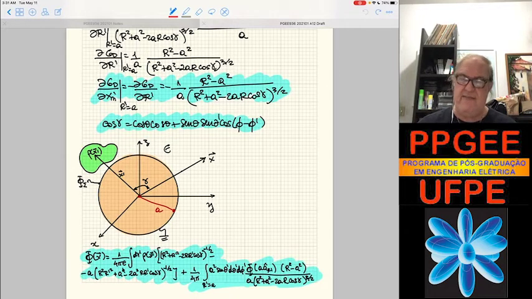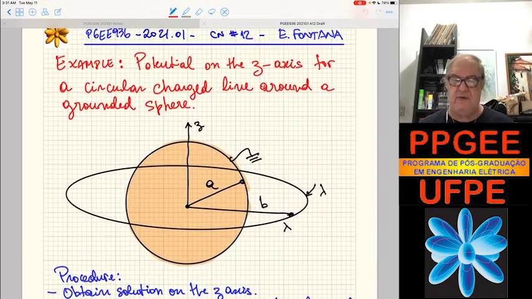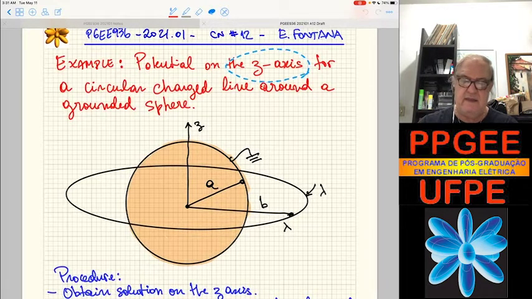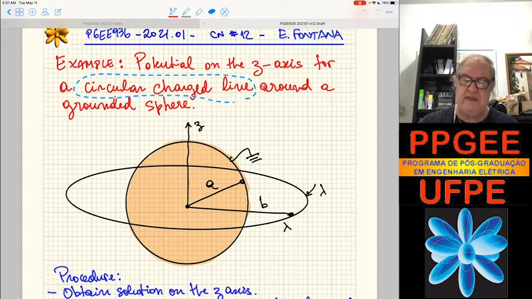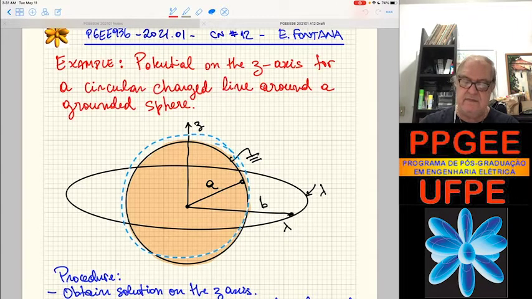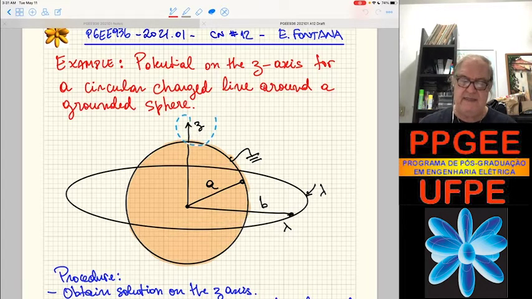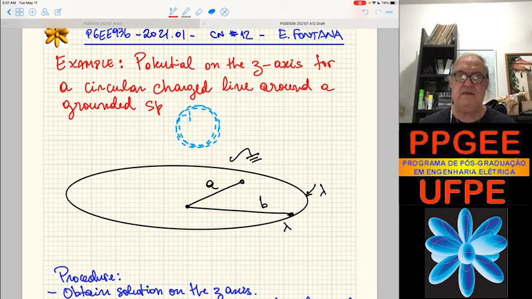So one example is to determine, for instance, the potential on the z-axis. If we have a loop, right, a charged loop, circular charged line around a grounded sphere. So we can solve the problem easily on the z-axis if we want.